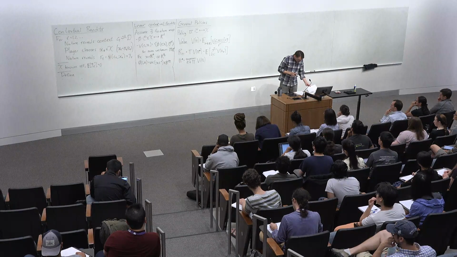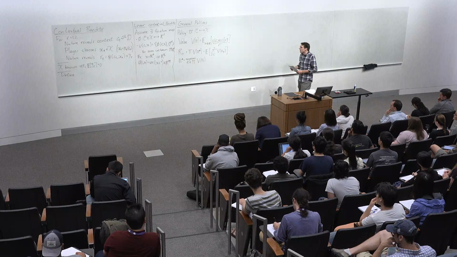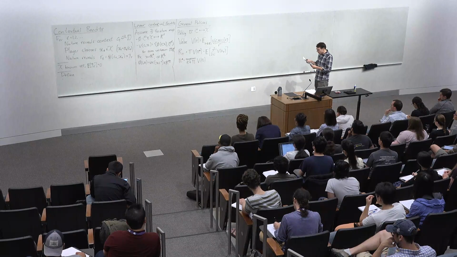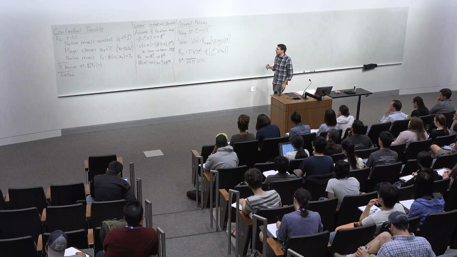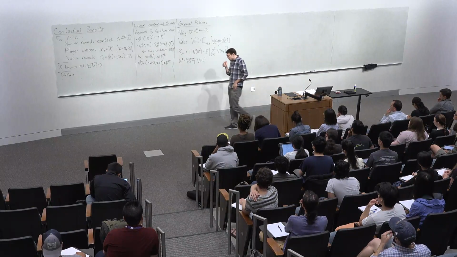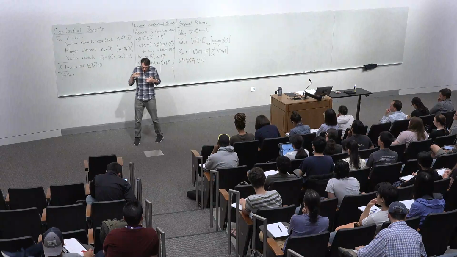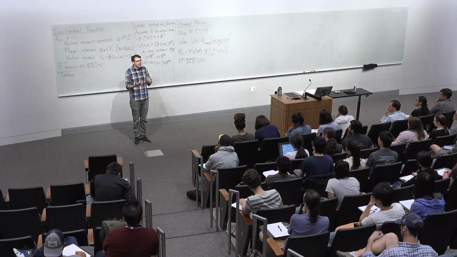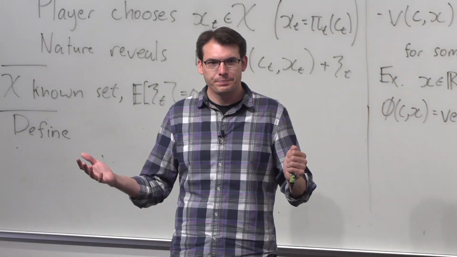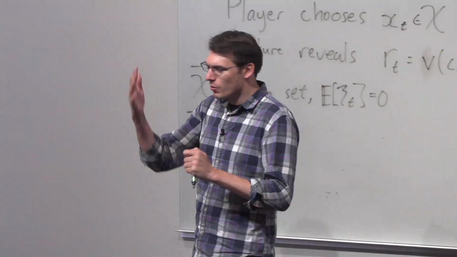So the main challenge in contextual bandits turns out to be that, unlike in multi-armed bandits, at each time I could play any action. And when I play that action, I'm going to get a reward at this time.